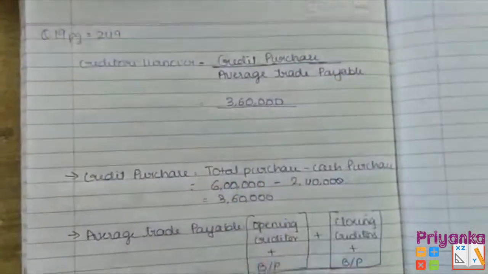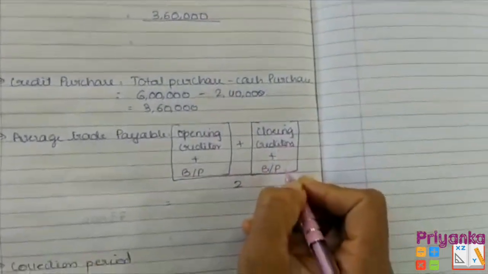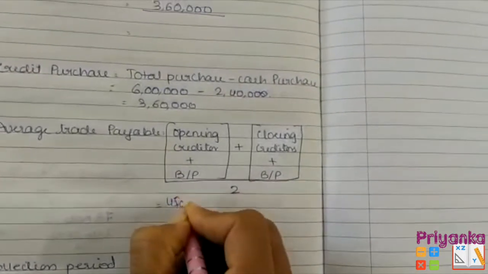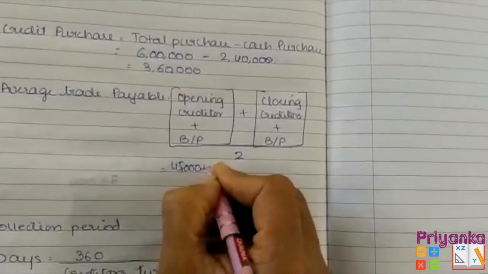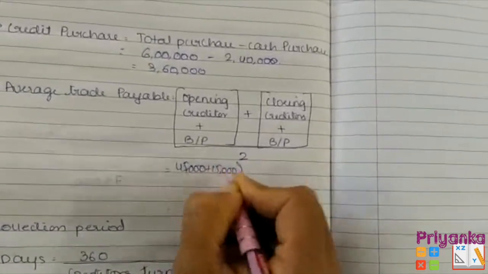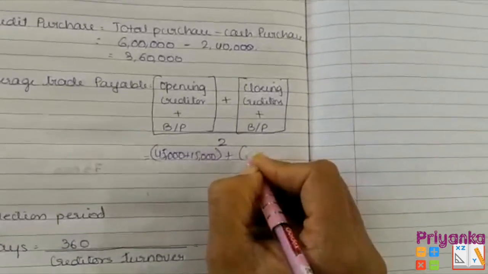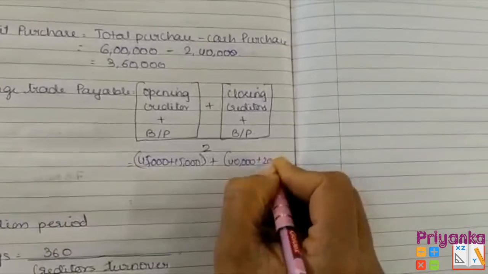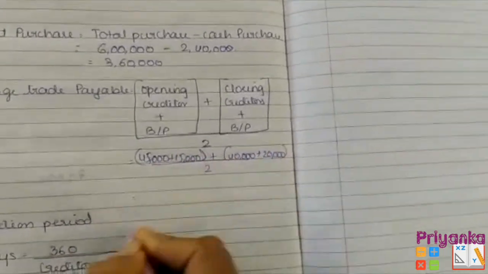For average trade payable, take the opening of creditors and bills payable and the closing of creditors and bills payable. So here I am taking 45,000 of creditors opening plus 15,000 bills payable opening, plus the closing creditors 40,000 plus bills payable 20,000, divided by 2.